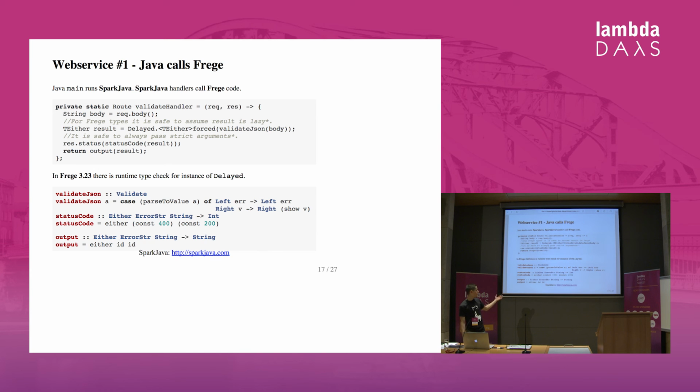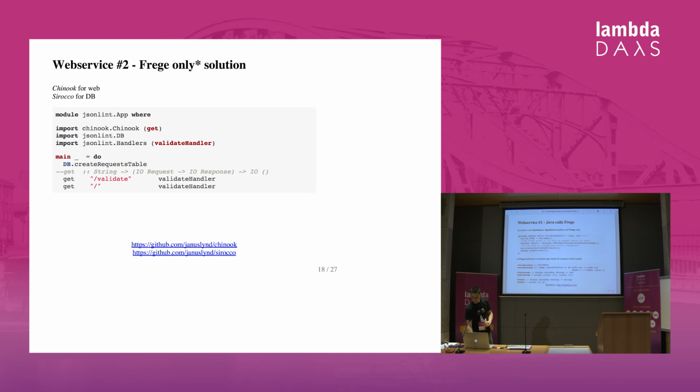The status code will be either 400 or 200. Either takes functions as parameters, so I need to use the const function instead of a value. I think I won't run this code, and there is a better solution, of course.